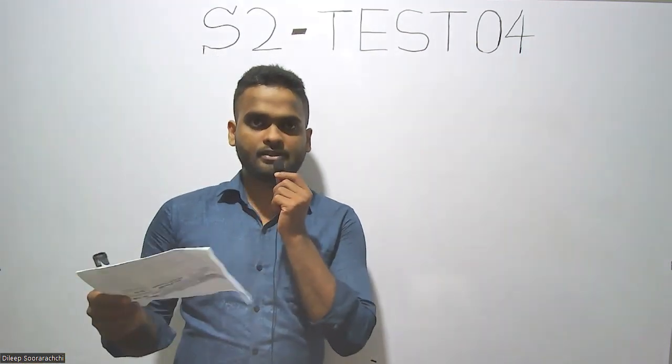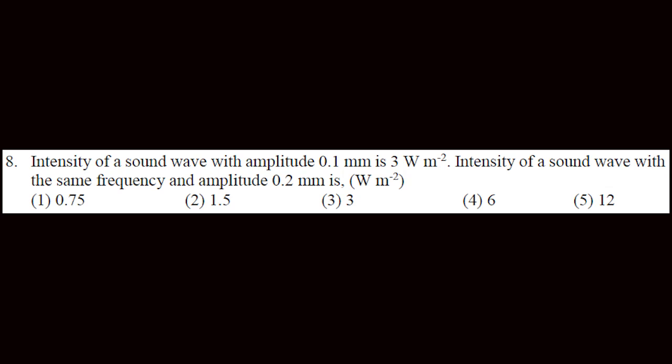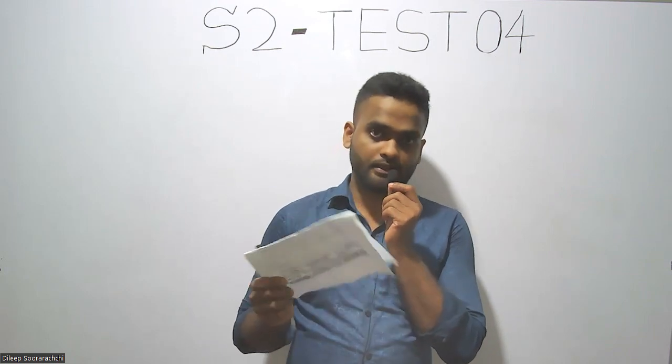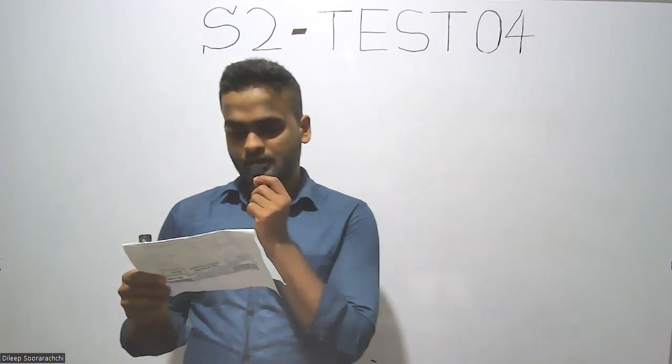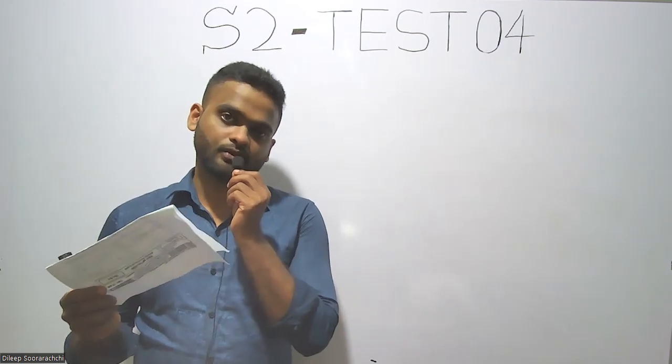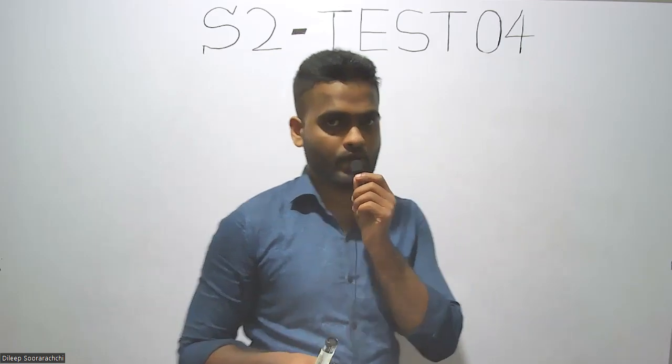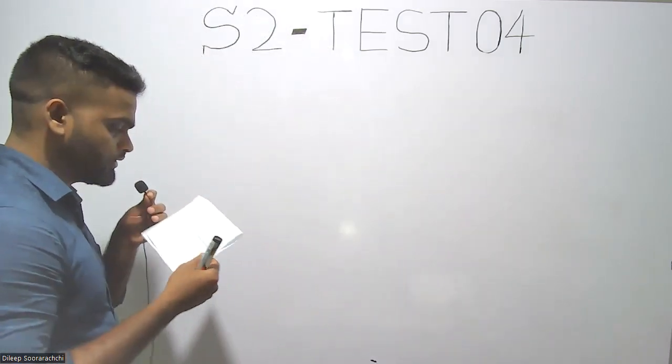Eighth question. The intensity of a sound wave with amplitude 0.1 millimeter is 3 watts per square meter. The intensity of a sound wave with the same frequency and amplitude 0.2 millimeters is. Here we need a relationship between the amplitude of a wave and the intensity of that sound wave.